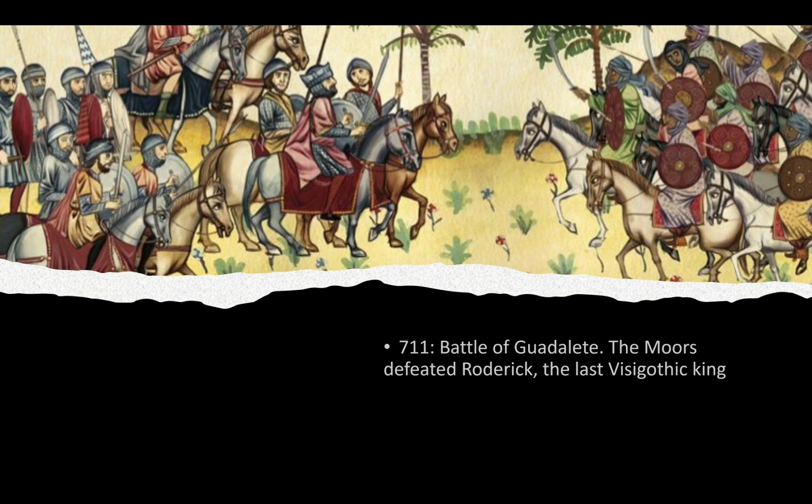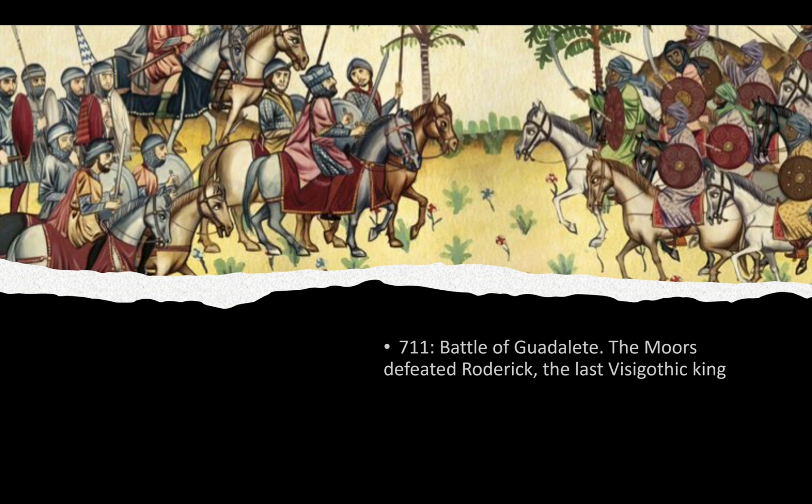So the Moors, who were the Muslims who used to live in the north of Africa, crossed the Strait of Gibraltar for reasons that are not very clear, because it looks like the Visigoths were involved in a civil war, and then one of the contenders called the Moors to help him, and then when the Moors defeated the other side of the civil war, which was led by King Roderick, they decided to settle in the Iberian Peninsula.